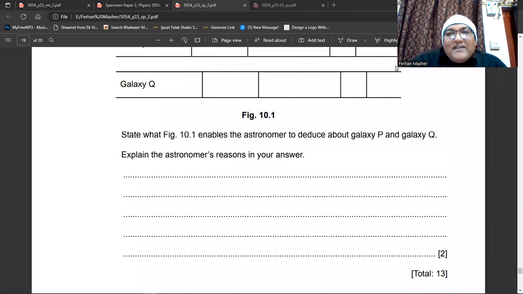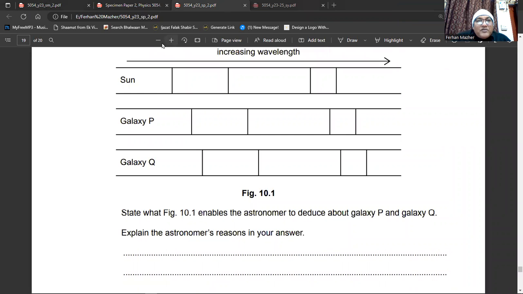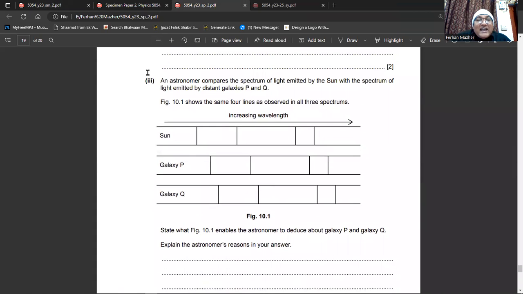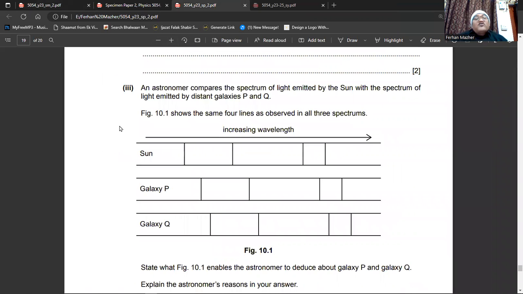Okay, so here we have another very important question to see. An astronomer compares the spectrum of the light emitted by the sun with the spectrum of the light emitted by the distant galaxies P and Q. There are two galaxies, P and Q, and they are comparing them with the light coming from the sun.